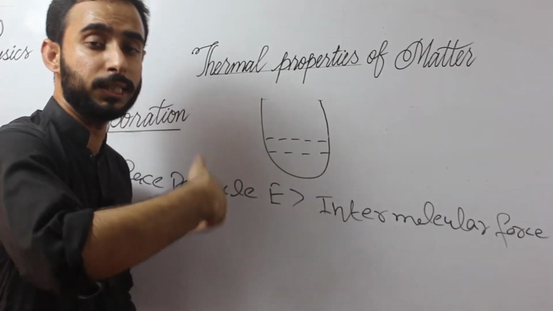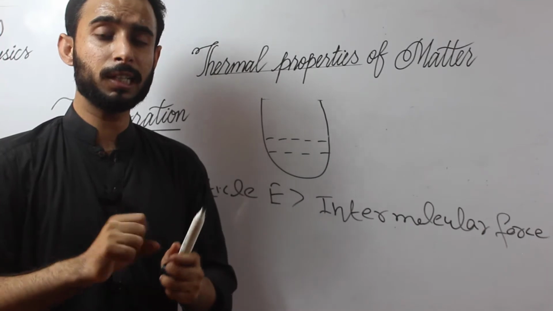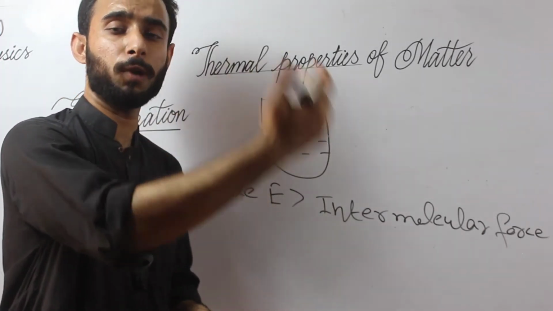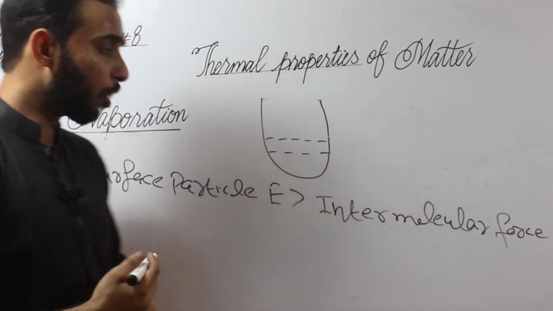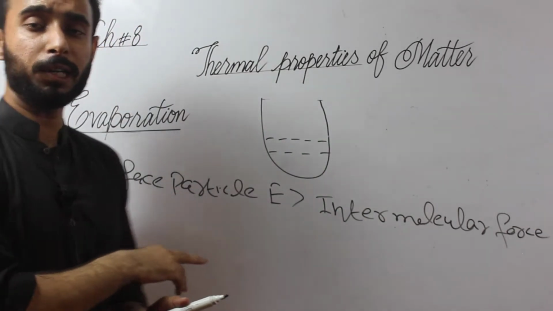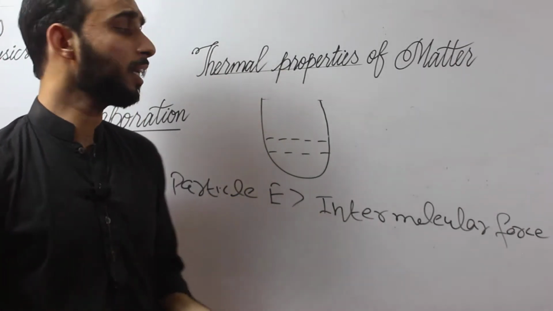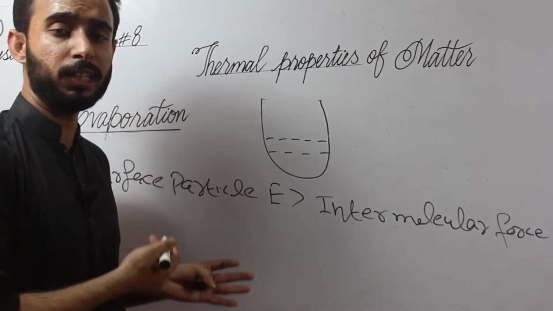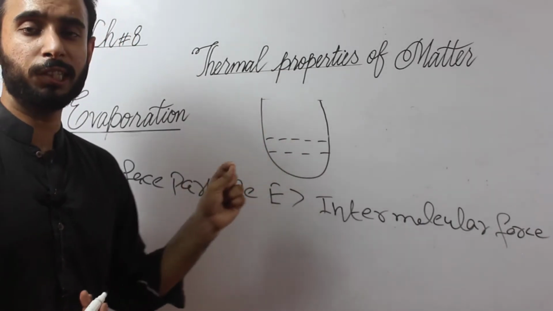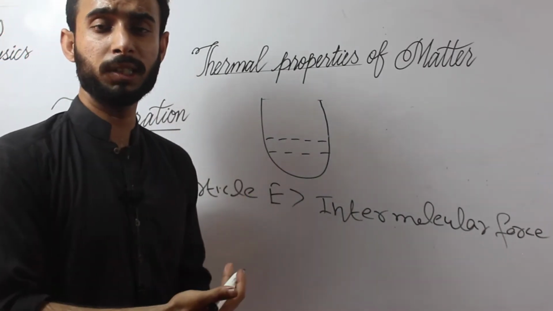Whenever these particles' energy is greater, they go into the air and change their state. Student, that is the process behind this. The liquid changes its state, going into the gaseous form.